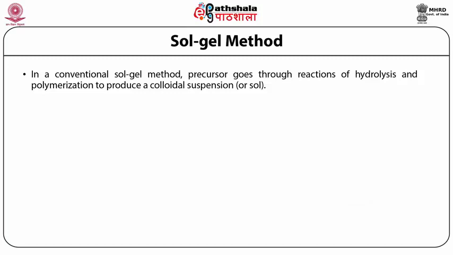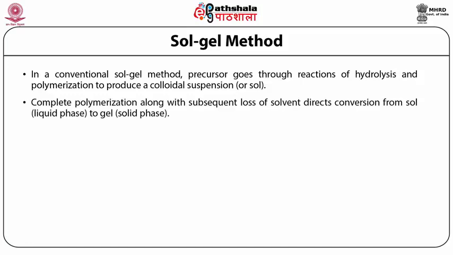In a conventional sol-gel method, the precursor goes through reactions of hydrolysis and polymerization to produce a colloidal suspension, or we can say a sol. Complete polymerization along with subsequent loss of solvent directs conversion from sol, that is liquid phase, to gel, which is in solid phase.